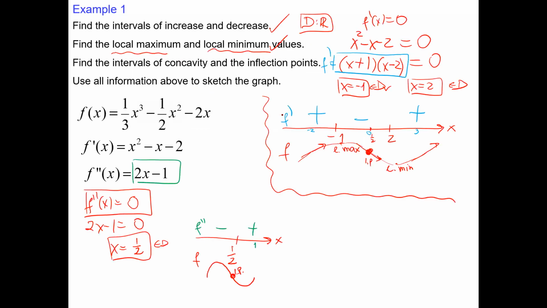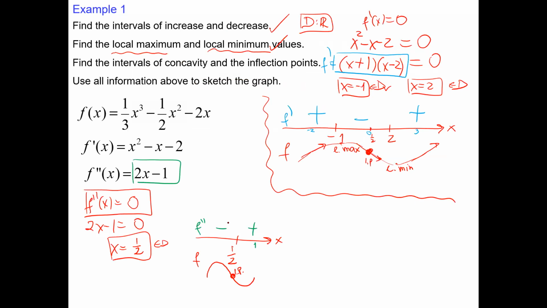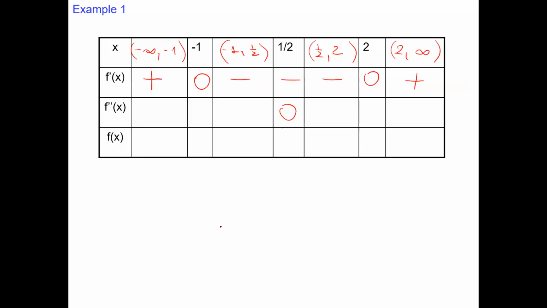And let's check the sign. Positive, negative, positive. It means the first derivative was positive, negative, positive. Now let's look at the second derivative, the concavity test. Negative on the left, positive on the right.